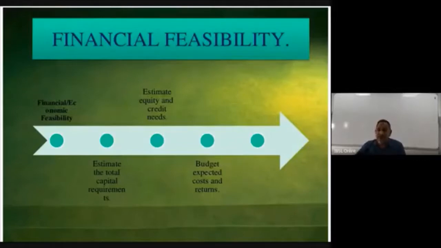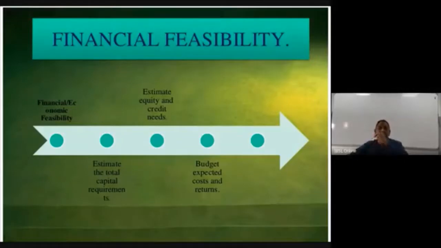How much permanent capital, how much fixed capital for long term, how much fixed capital for medium term, how much permanent working capital, how much working capital is needed for overall running capacity. So estimate the entire capital requirement.